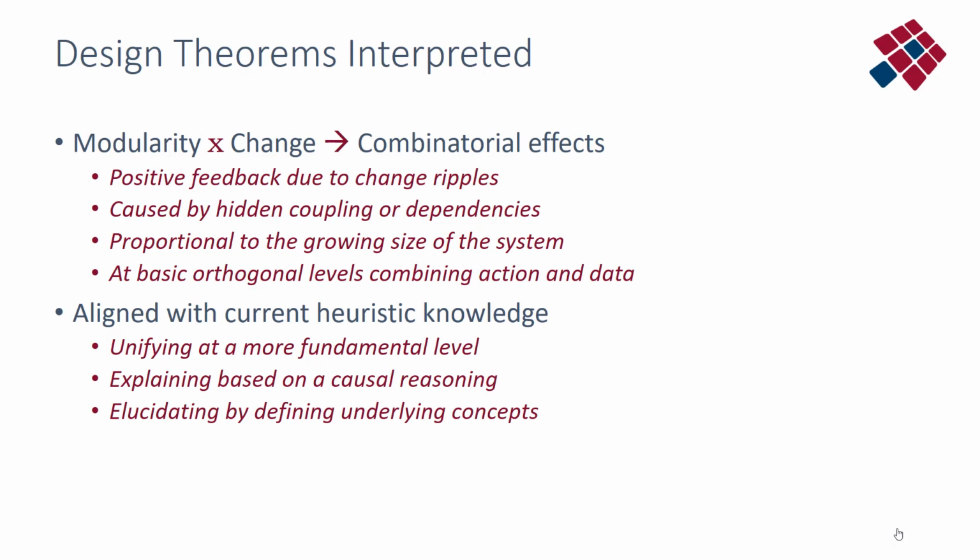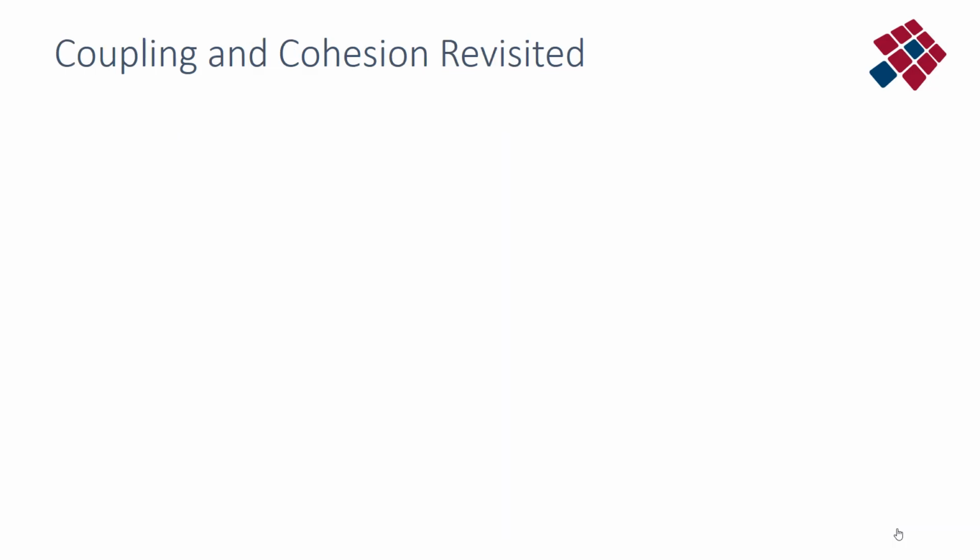And they also clarify or elucidate some underlying concepts, because when you prove something, like separation of concerns, you need to state in an unambiguous way what a concern is. And it's not just something we have to deal with, it is something which can change independently, a change driver.